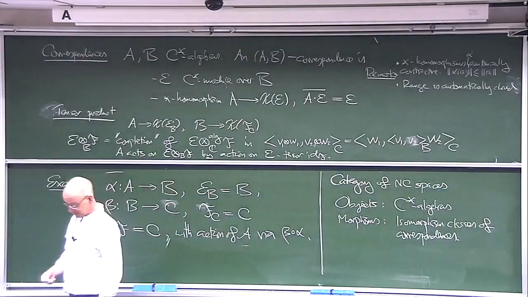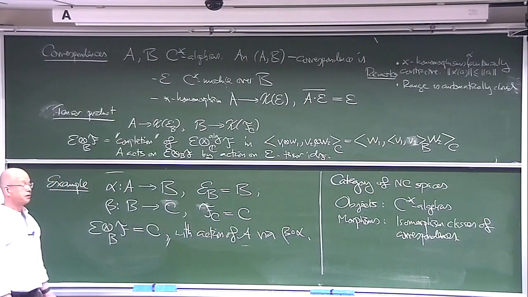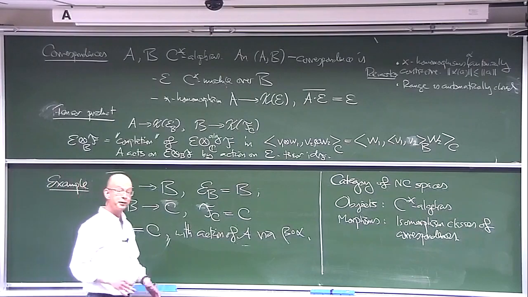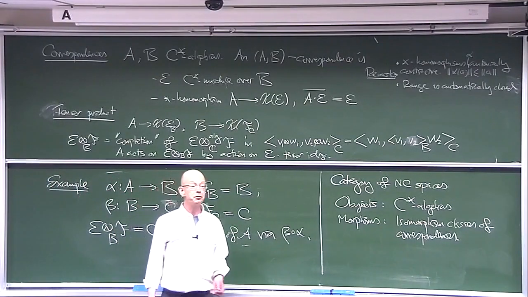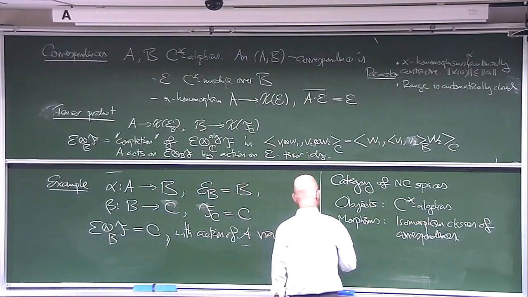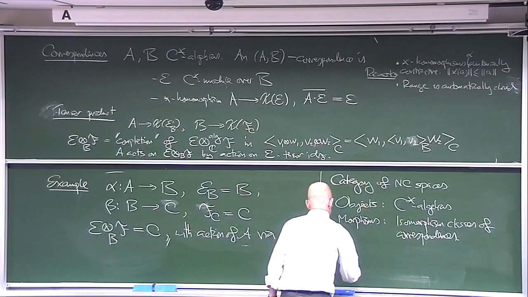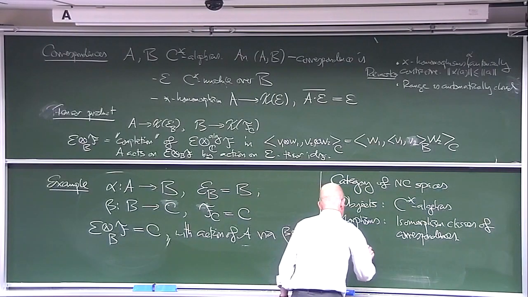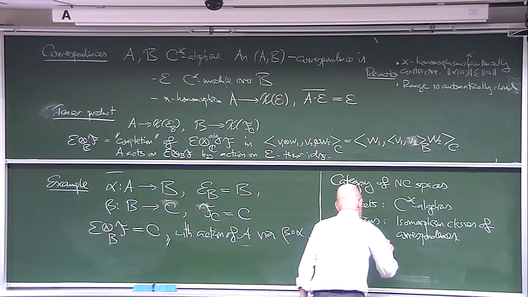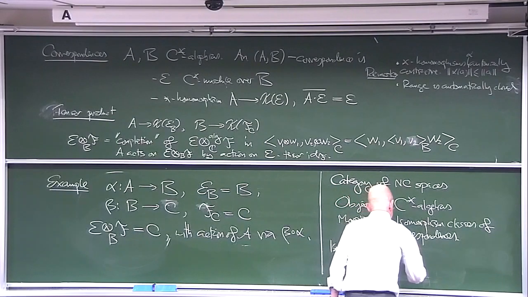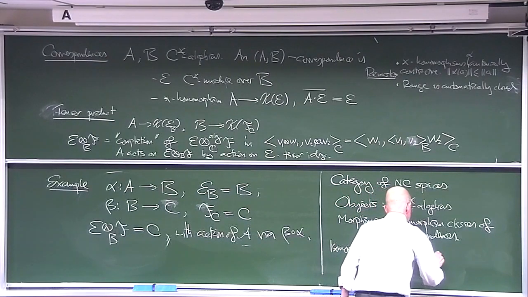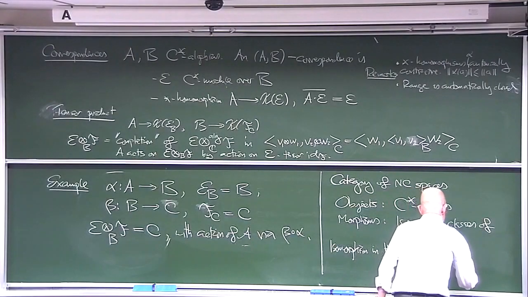It doesn't have any more objects than just the category of C-star algebras, but it has a few more morphisms, just a few more morphisms. And isomorphism in this category is what's called Morita equivalence of C-star algebras.